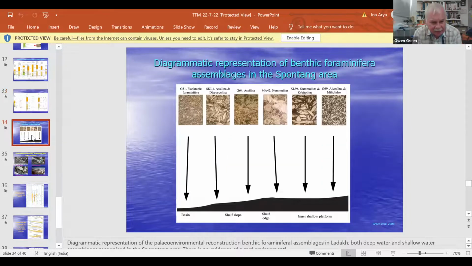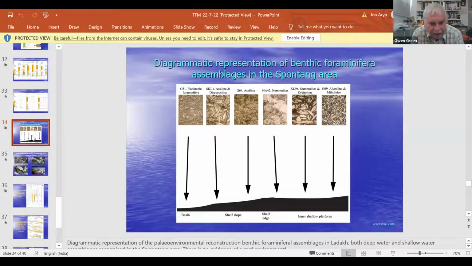So what I managed to do, looking at our assemblages, was to attribute them to where we might actually find them on the shelf. And so this was beginning to give us our story into where these particular assemblages would occur. So the alveolines and miliolids are obviously to the right-hand side in very, very shallow water.